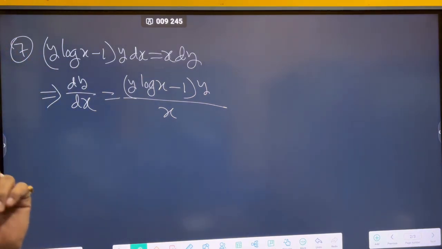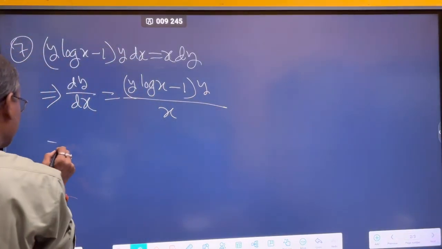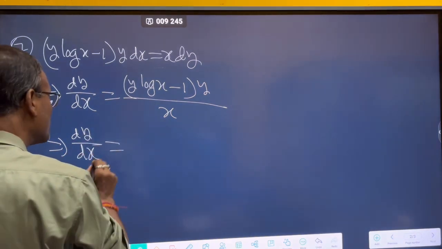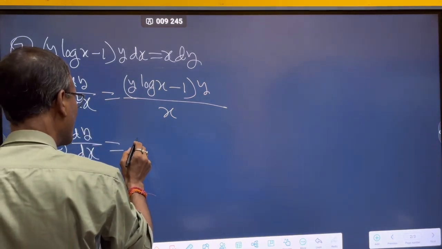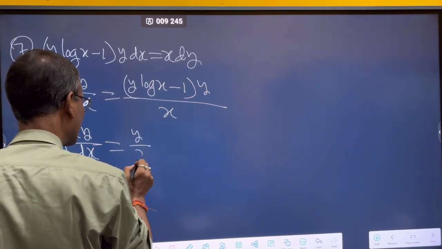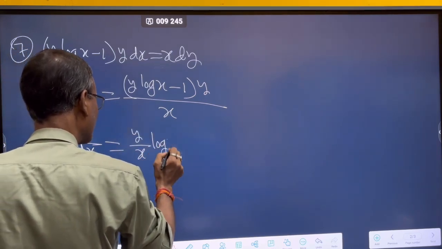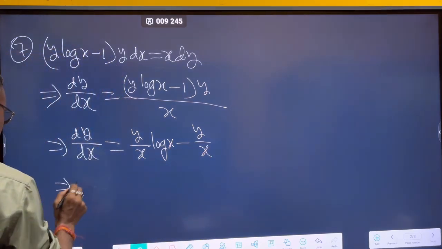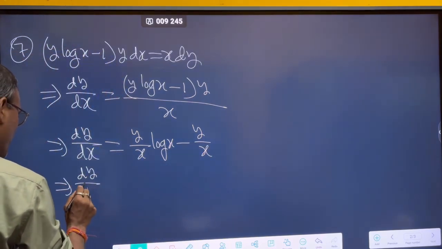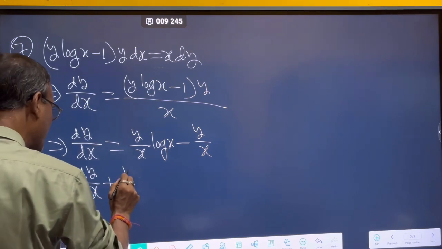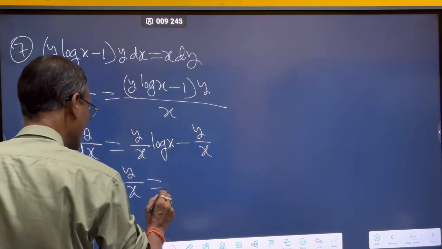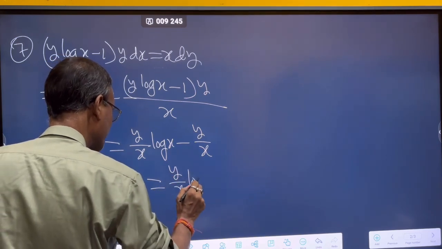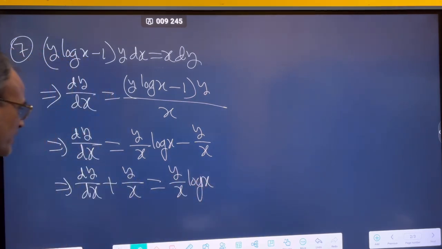You may write it like this: dy by dx is equal to y by x log x minus y by x. This means dy by dx plus y by x equal to y by x log x.